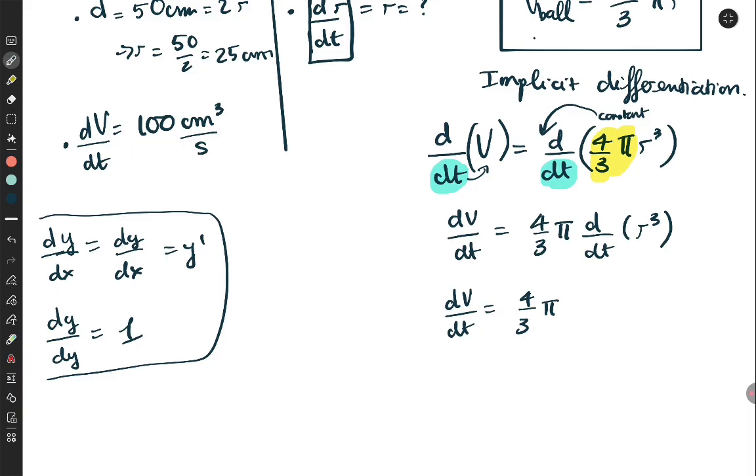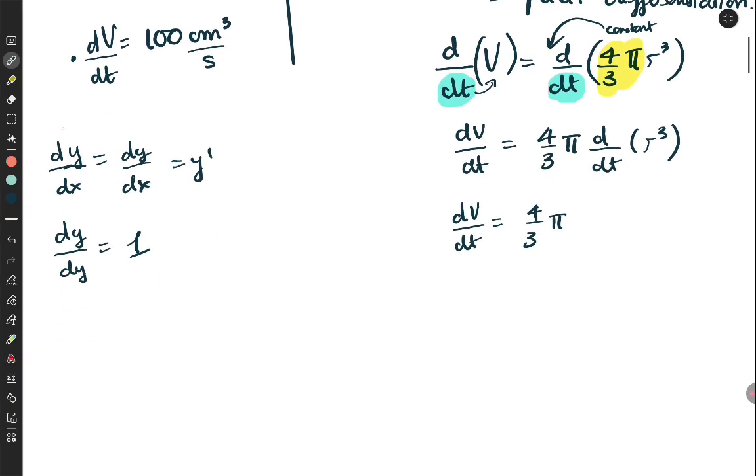How about this? It's just a variable, just some letter, x or y. Imagine if I have d over dx of y cubed. I'm going to lead you to that one.